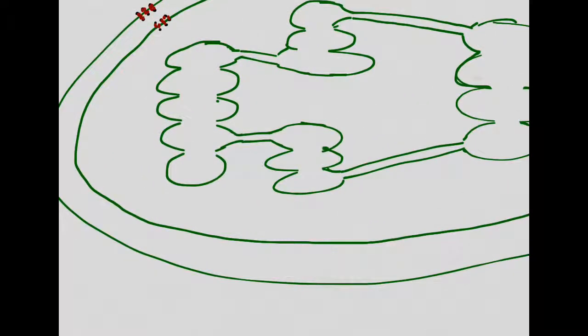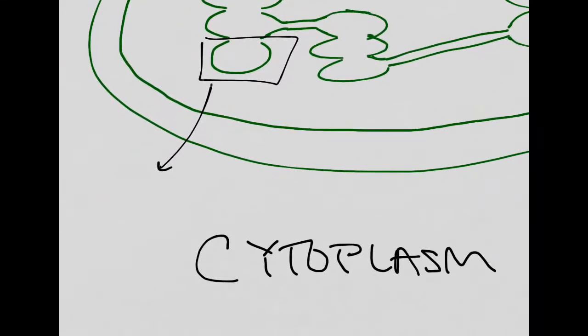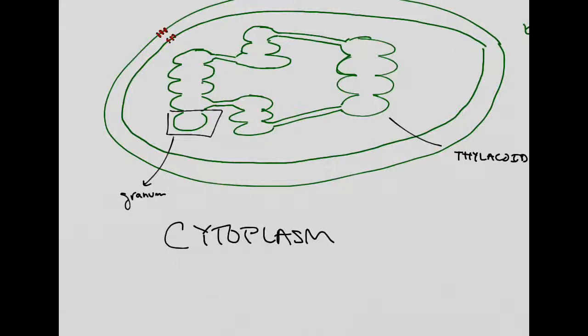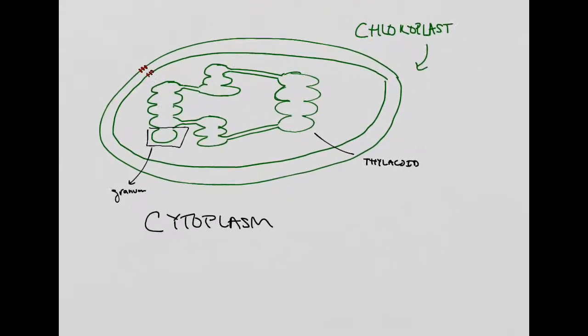And each of these little jelly beans is called a granum. So if I were to just box one of these, this is called a granum, and the plural of granum is grana. So a bunch of them. All the grana make up the thylakoid membrane system.